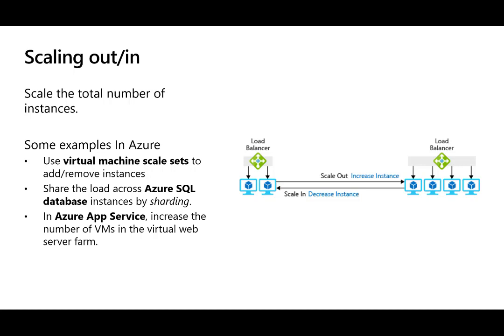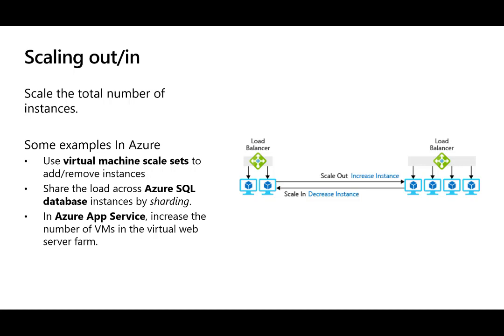For the infrastructure layer, you would use virtual machine scale sets to automate the addition and removal of extra instances. In detail, virtual machine scale sets let you create and manage a group of identical and load balanced VMs, and the number of VM instances can automatically increase or decrease in response to demand or a defined schedule.